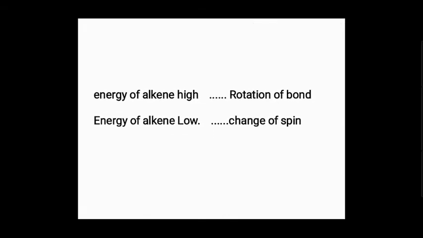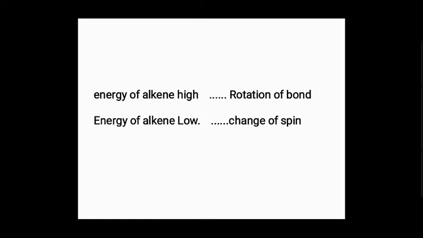See, mainly the energy of alkene is high, then bond rotation takes place and then spin rotation, and finally you will get a product. And when there is electron withdrawing group present on the compound, means alkene, the energy of alkene will be low and only change of a spin takes place and no any bond rotation will be there. Why it is so?